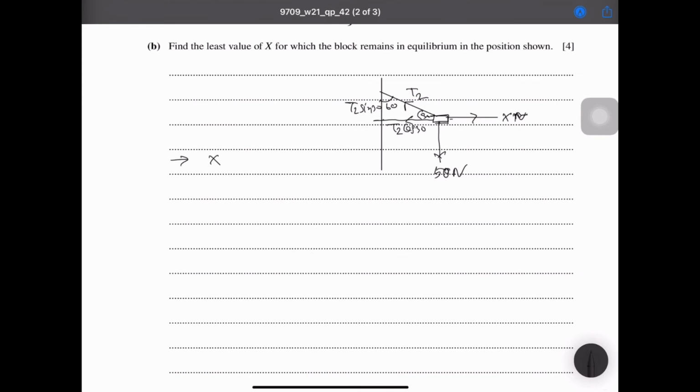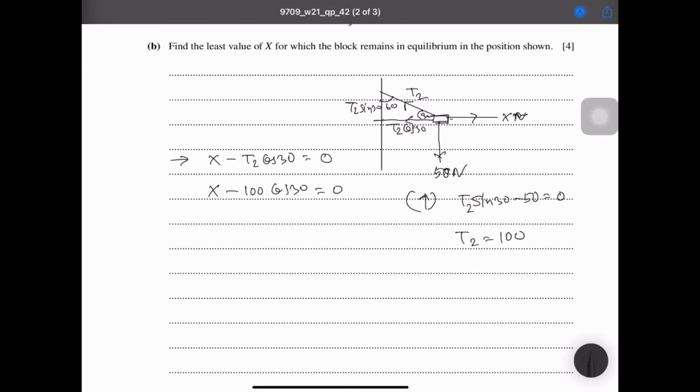Since it is in equilibrium, acceleration will be 0. Then resolving upward, T2 sin 30 minus 50 equals 0, so T2 equals 100. Let me substitute this 100 here, cos 30.